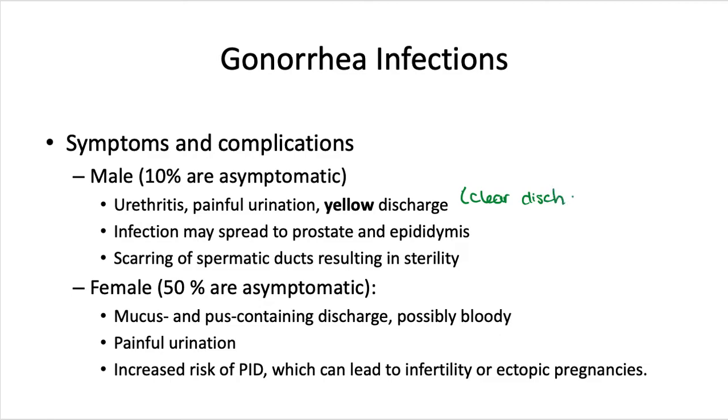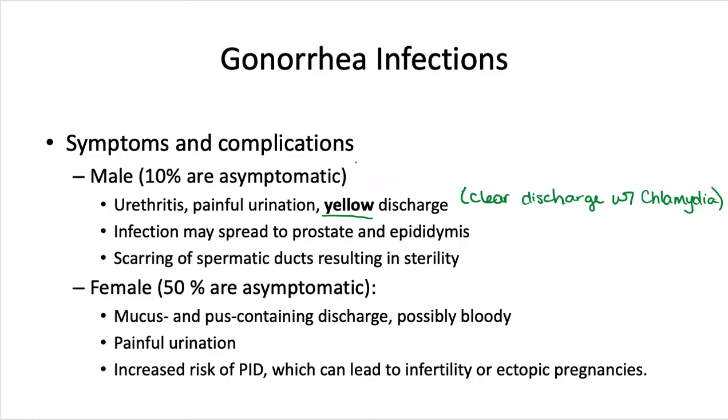So we have clear discharge with chlamydia infections, but gonorrhea is not an intracellular organism, so the organisms, the culture of the Neisseria itself, will come out with the discharge. So chlamydia infections have a clear discharge in males, whereas gonorrhea infections have a yellowish colored discharge.